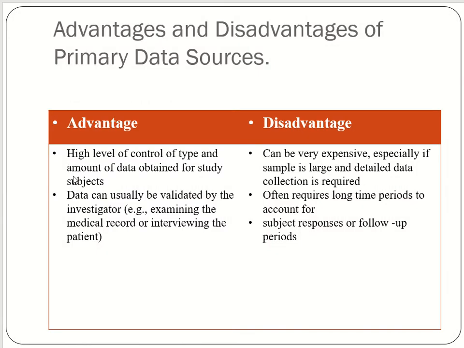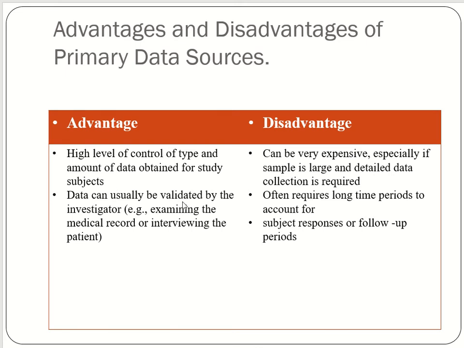So here is a list of advantages and disadvantages for a primary data source. An advantage of primary: high level of control of type and amount of data obtained for the study subject. Since the researchers themselves are collecting the data, they make sure of what kind of information and how good of quality they want to get.